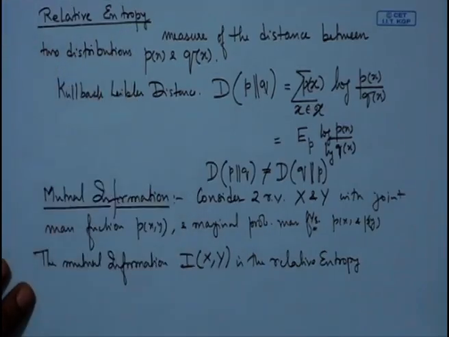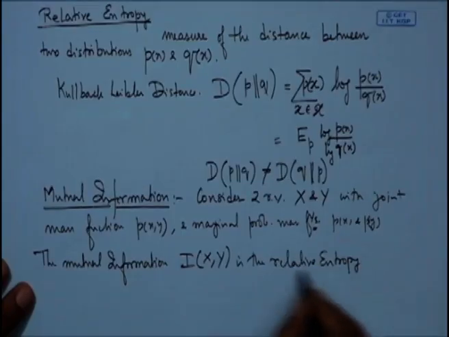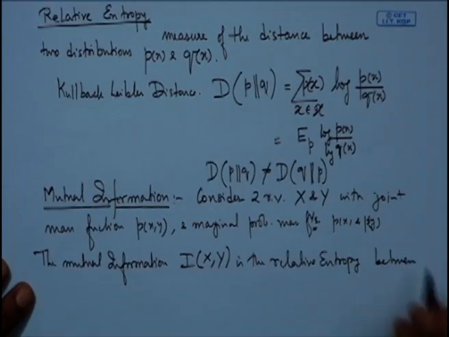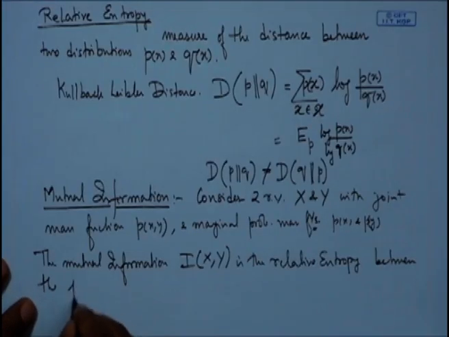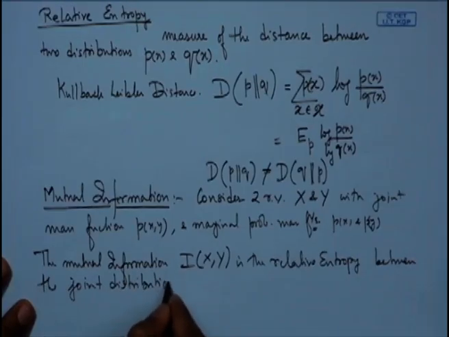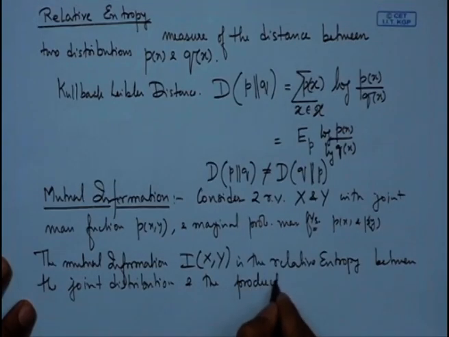So all these things follow in suit, and we have to develop one after the other. So the relative entropy between the joint distribution and the product distribution.